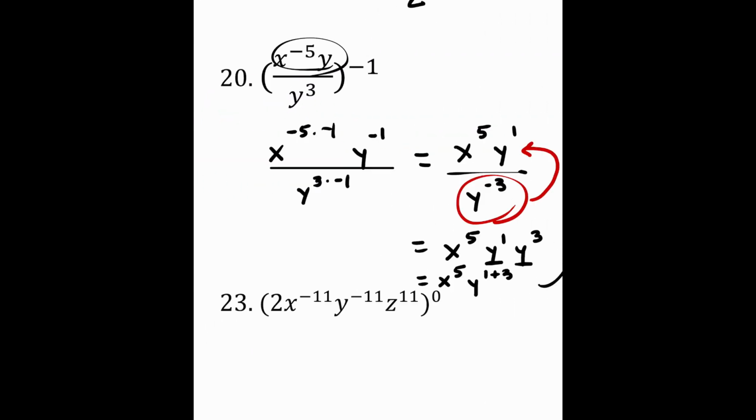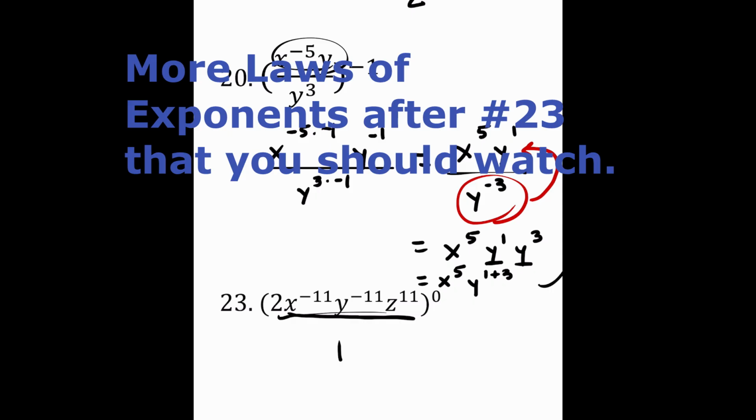For number 23, we have this product being raised to the 0th power. We can treat this whole product as one number. It doesn't matter what number you choose, but it's being raised to the 0th power. So the answer is 1.